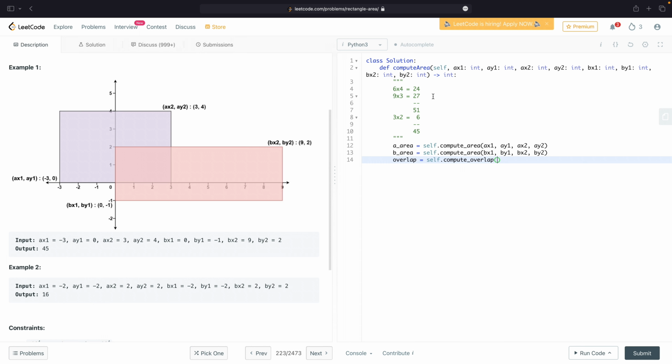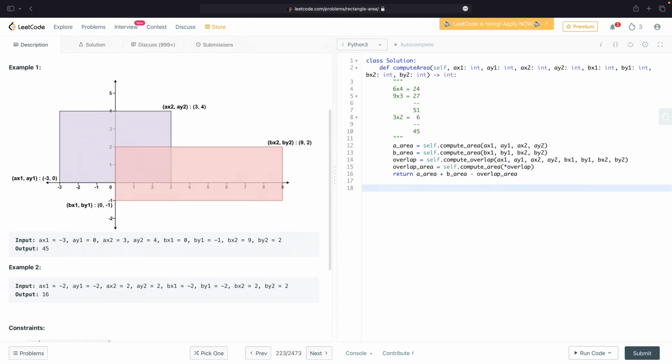This wants all of them: AX1, AY1, AX2, AY2, BX1, BY1, BX2, BY2. And overlap area is self.compute area of the overlap. Return A area plus B area minus overlap area.